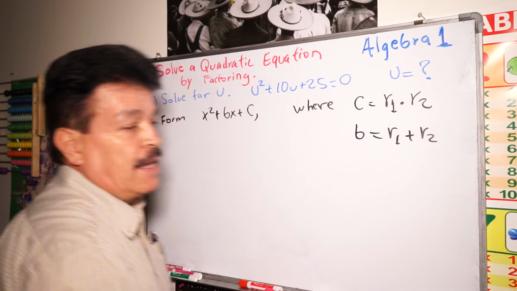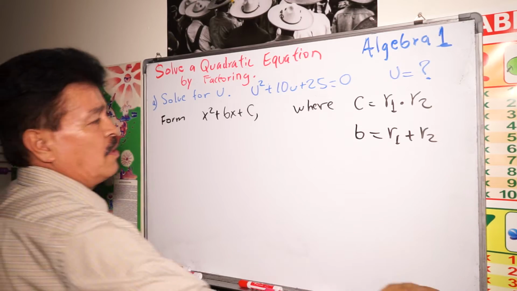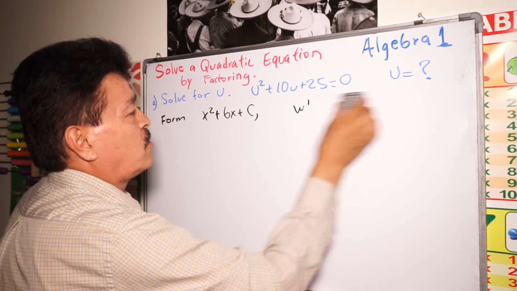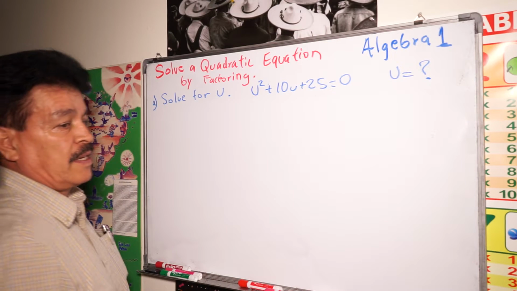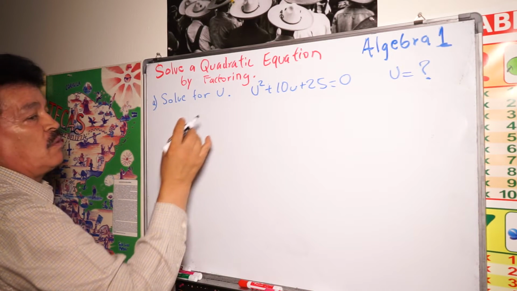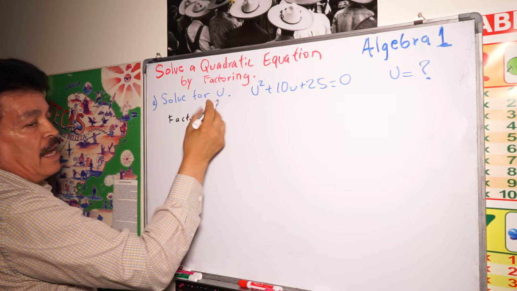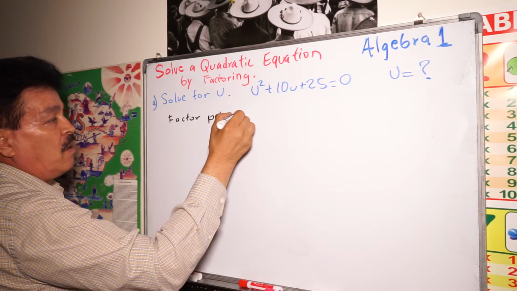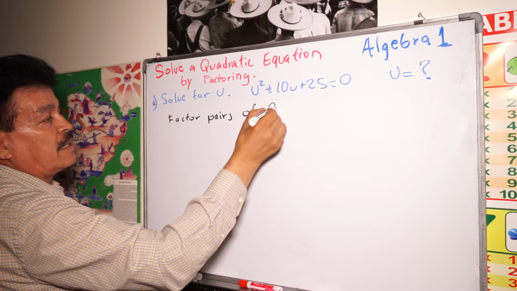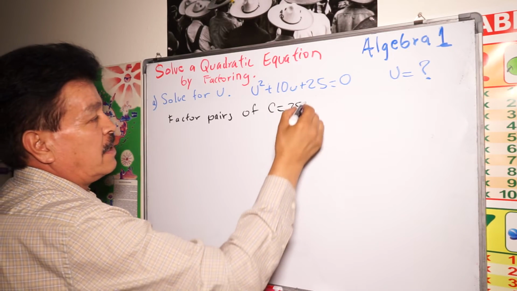All right, so it's simple. Let's go and solve this equation by factoring. First, let me make a little table here. So factor pairs of c, in this case c equals 25, right?